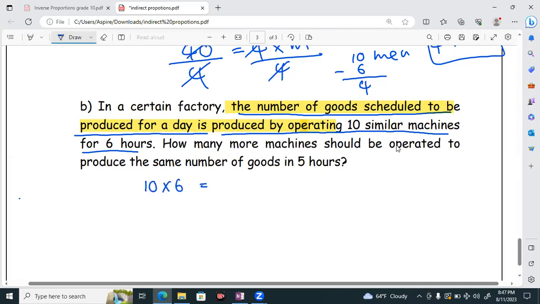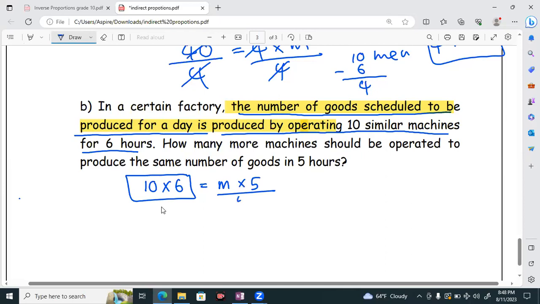How many more machines should be operated to produce the same number of goods in 5 hours? If I take the number of machines as m, it should be operated for 5 hours, so m times 5. We equate this because it is the same task. The magnitude of the work for the same task is equal for any number of machines and hours.